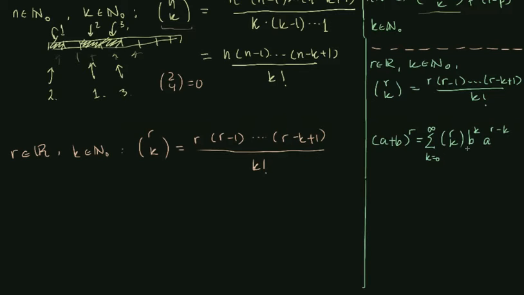However, when we define the general binomial coefficient as such, this also holds for real numbers r. And that is particularly interesting because that means r can be anything, right? It can be negative, it can be positive, it can be whatever. And that is pretty awesome.